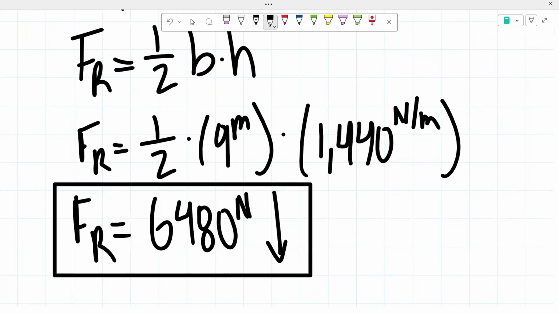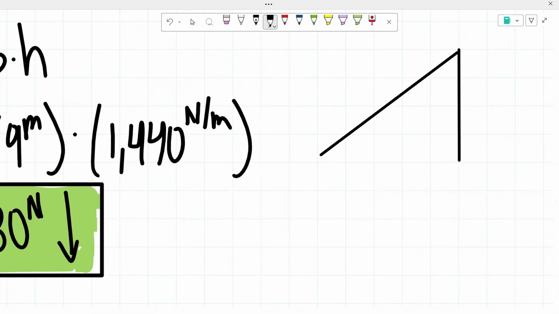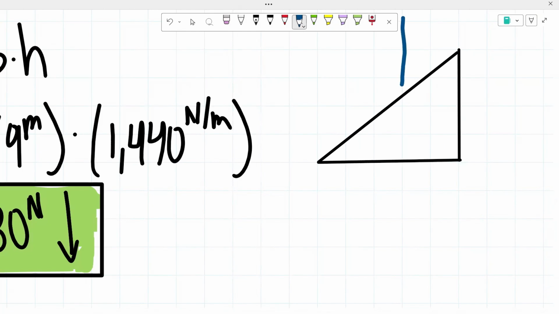So now we have to determine where this equivalent resultant force is, because we found the magnitude. Now we just have to find that location of the resultant force. So if you guys remember, when it comes to a right triangle, let me draw this out real quick. When it comes to a right triangle, that resultant force lies somewhere about here. You could look at this two ways.